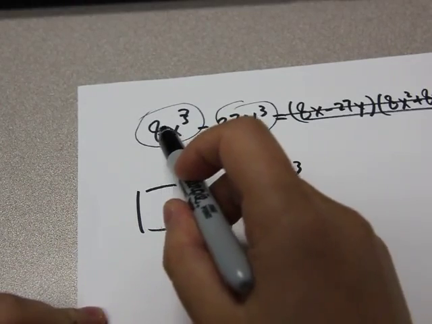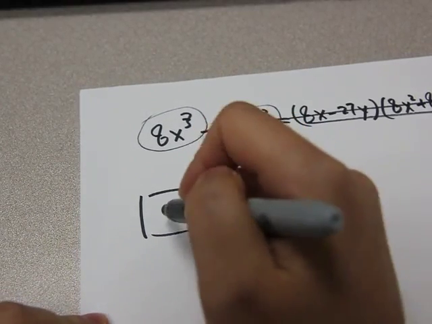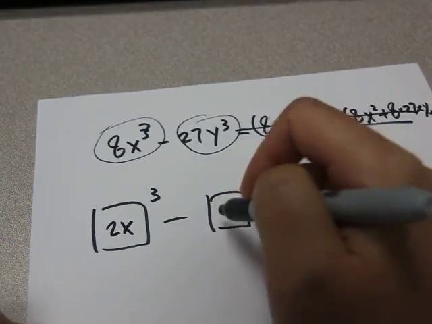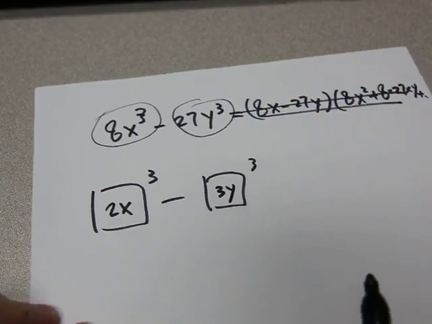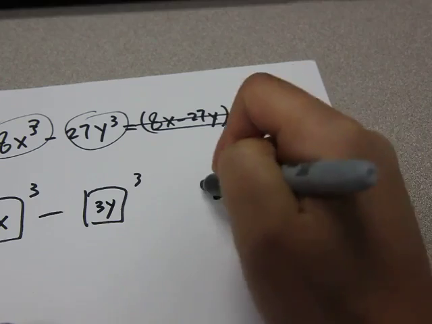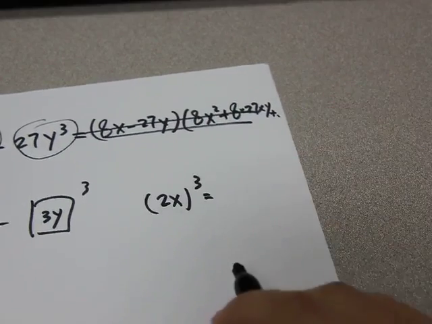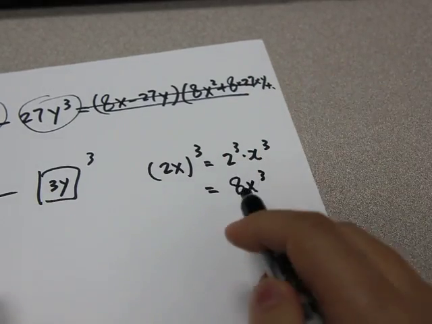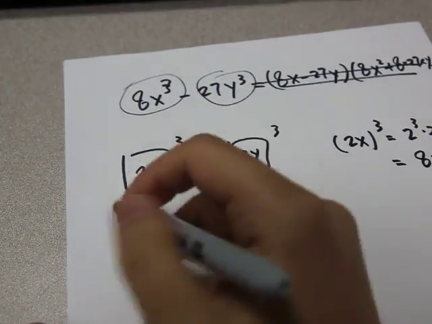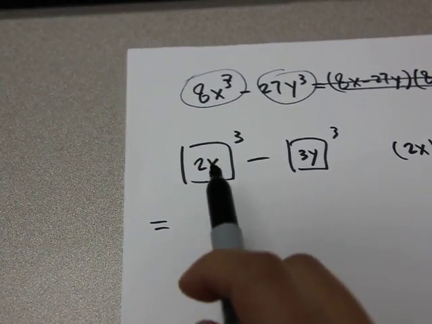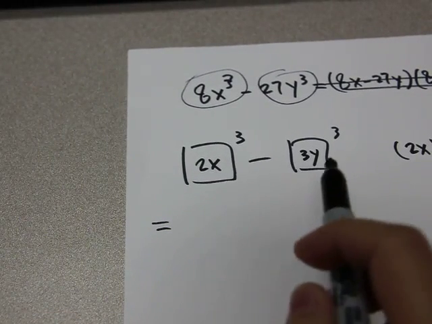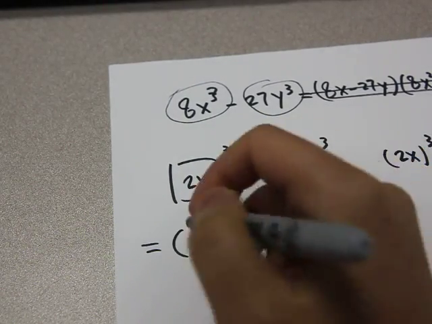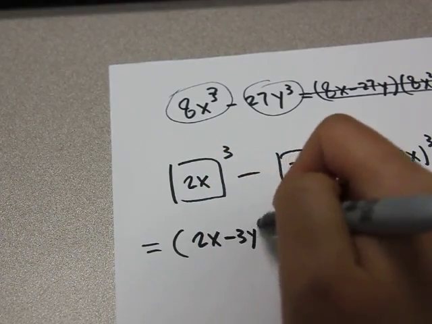So when we write 8x cubed into the cube of something, it is 2x cubed. And 27y cubed, that is 3y cubed. Because 2x cubed is equal to 2 cubed times x cubed. So that's why you can have 8x cubed. Right? Okay. Now after you finish this, we can tell a is 2x and b is 3y. Since this is a difference of two cubes, the first factor is 2x minus 3y.